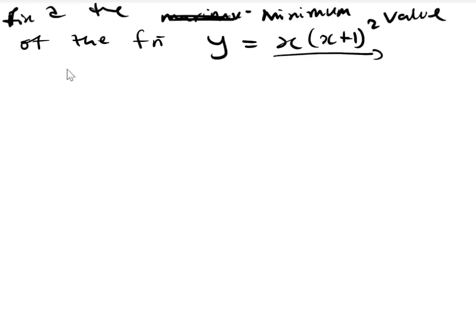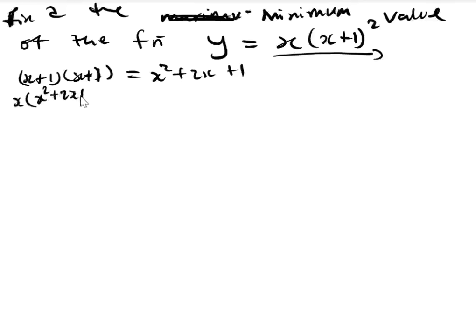Then x plus 1 and x plus 1 is equal to x squared plus 2x plus 1. So if I decide to multiply this now by x, it will give me x cubed plus 2x squared plus x.